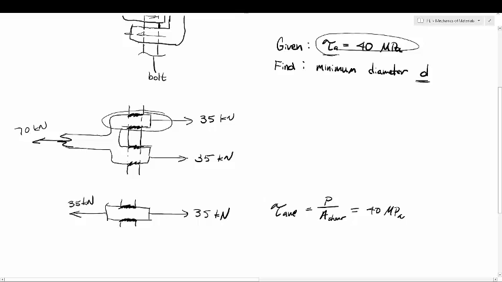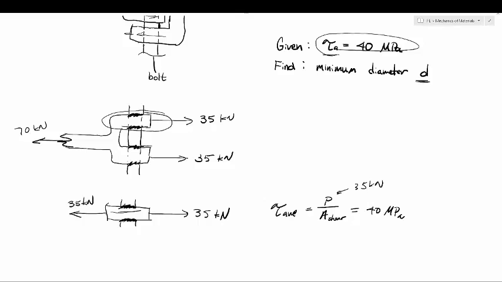We know our P is 35 kilonewtons because that's the internal force that's going through this part of the member. And the shear area is twice the cross-sectional area of the bolt.